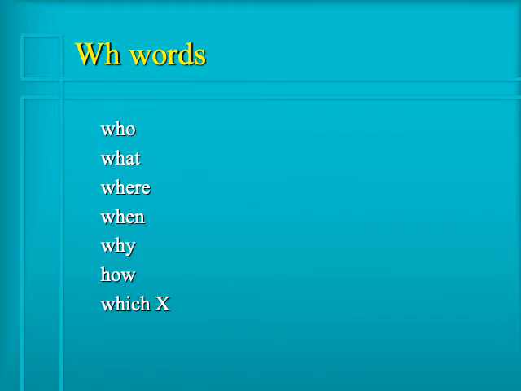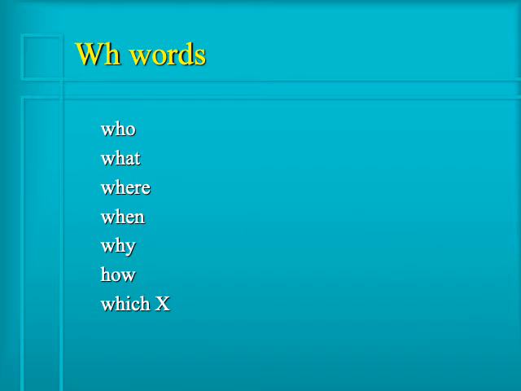And WH words, I think you all know, include who, what, where, when, why, which X. So X is usually a noun, like which friend or which color or which fruit, which book. And we have how at the end.